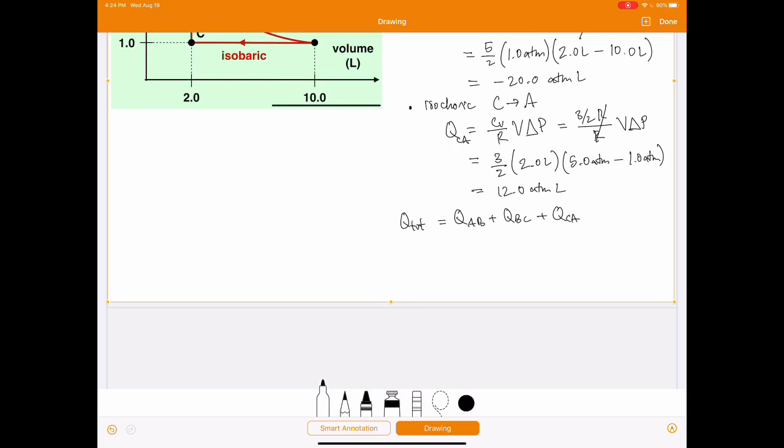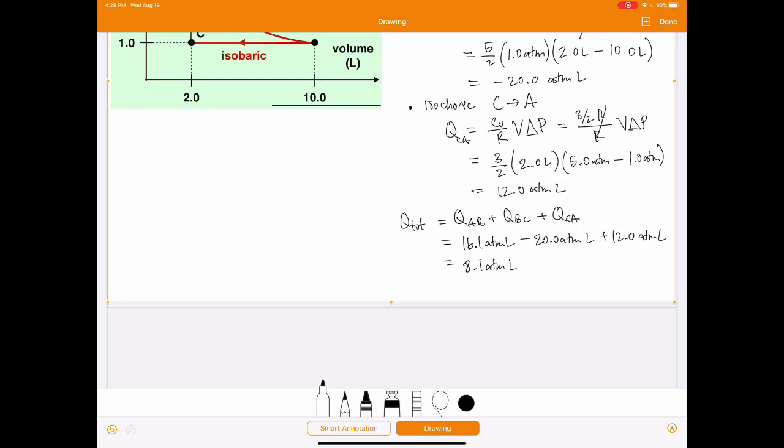That's the total heat transferred to the gas in one whole cycle. So we have 16.1 atmosphere liters minus 20 atmosphere liters, and then plus 12, which works out to 8.1.